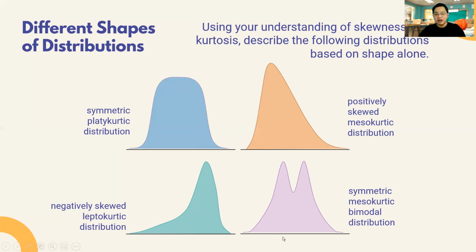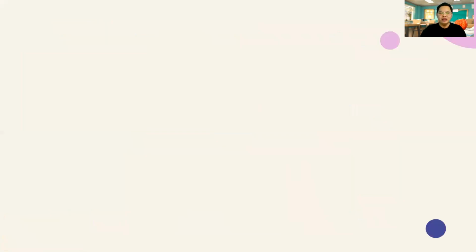That means that there are two values in the distribution along the x-axis that have the same frequencies, and that is the greatest frequency. And this should already remind you that whenever we talk about the highest frequency, we're actually talking about the mode. And in this case, because there are two peaks, there should be two modes in the distribution. And we call this kind of distribution bimodal. All right, so it's a bimodal distribution.